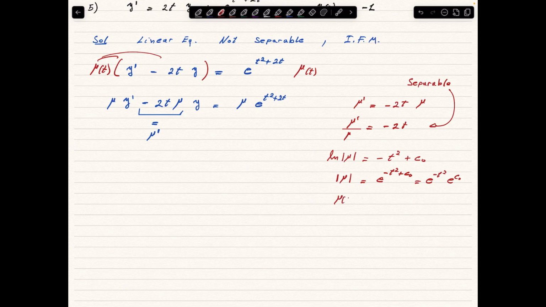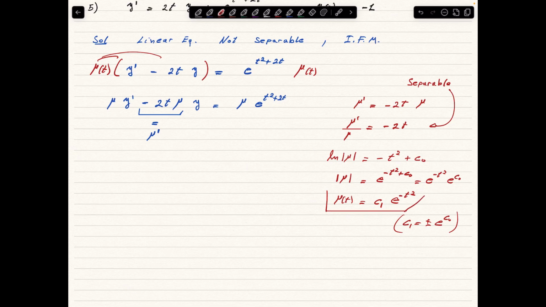And then mu of t is going to be just c1 exponential negative t squared, where we introduce c1 to be plus or minus exponential c0. It doesn't matter, it's just for reference for us.